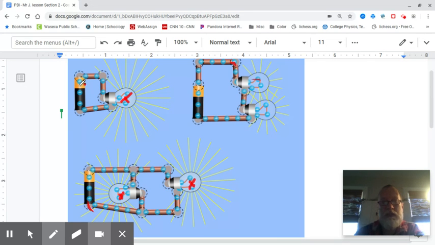Now, a lot of you are talking about energy and voltage and different things like that. What we want to do is just connect brightness of bulbs to current at this stage. So when you're answering the questions, always refer to it as the amount of current. Now, some of you have talked about amperage, and current is measured in amps. So if you talk about amps and amperage, that's fine.